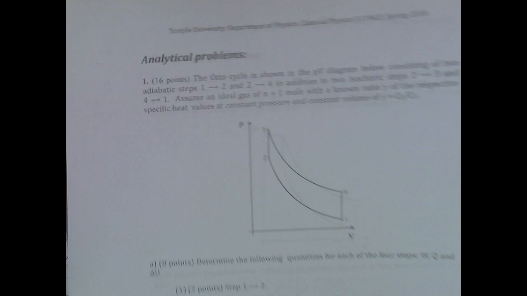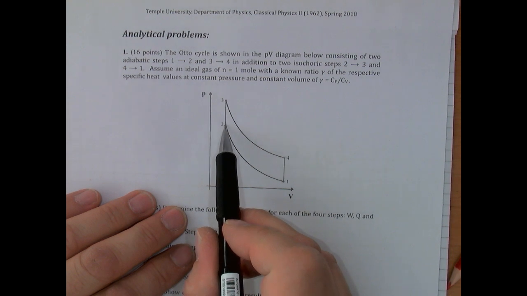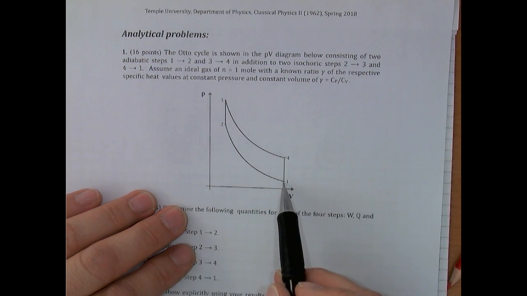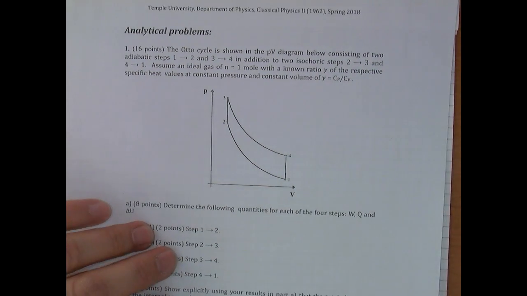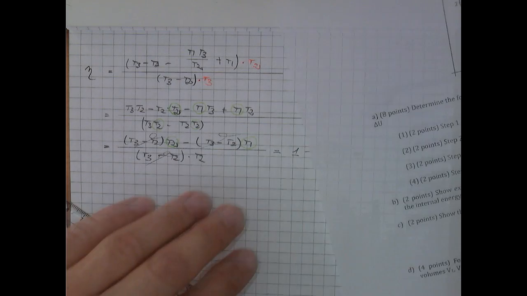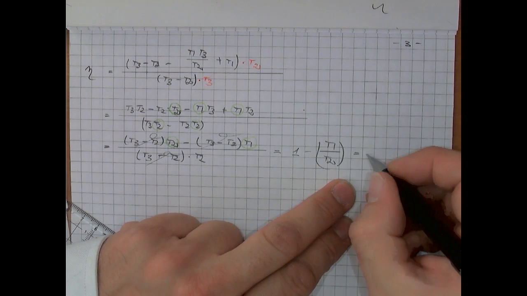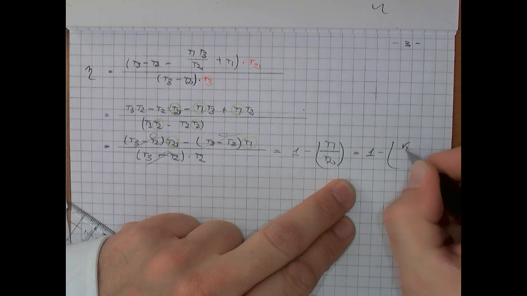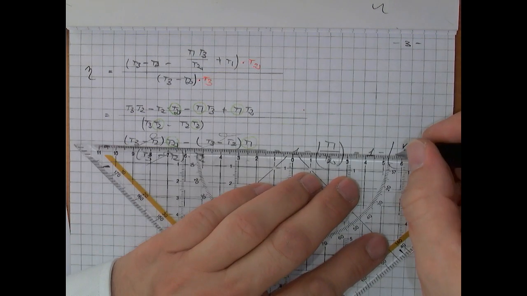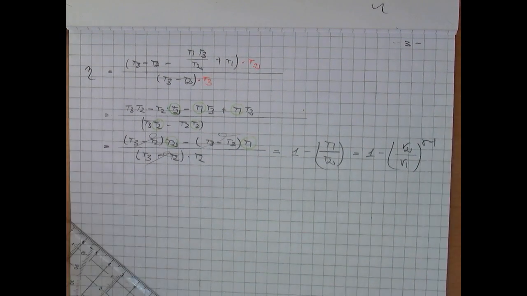And that we can now easily relate, again, T1 over T2 to V2 divided by V1. And V2 over V1 is just the ratio after the gas has been compressed, before in uncompressed form. So V2 over V1 to the power of gamma minus 1. So we can write this as 1 minus V2 over V1 to the power of gamma minus 1.